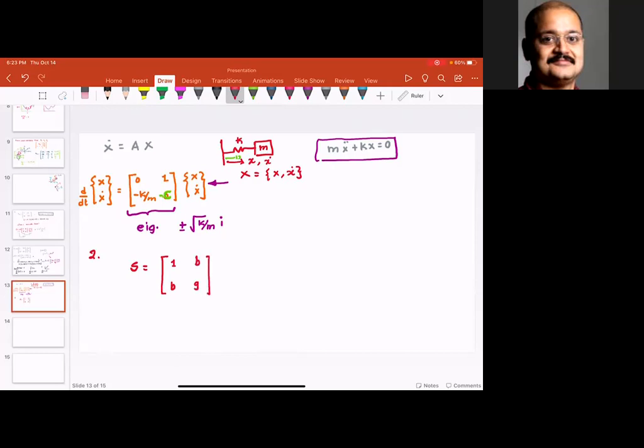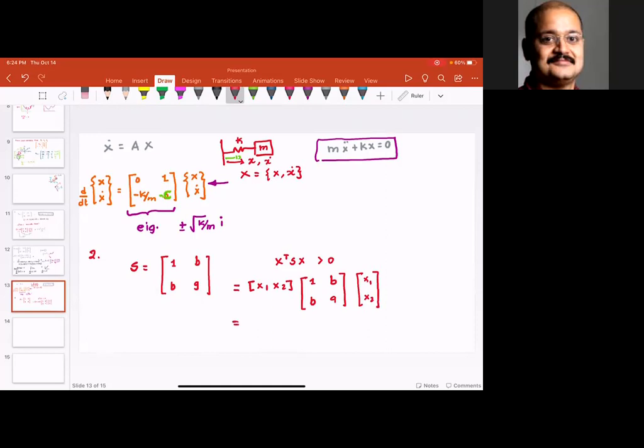Do you agree with me? What is the condition for positive definite? The condition for positive definite is that x transpose S x has to be greater than 0 all the time. So you would have [x1, x2] times [1, b; b, 9] times [x1, x2], and then you're going to get an equation.